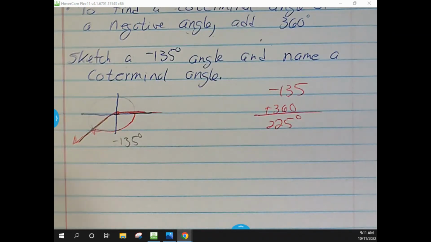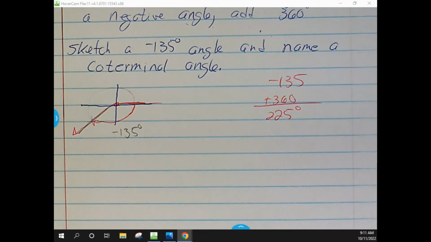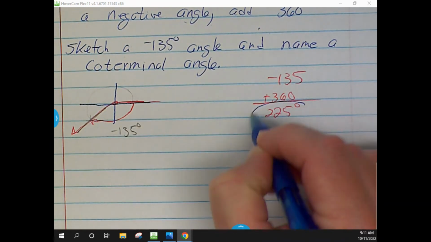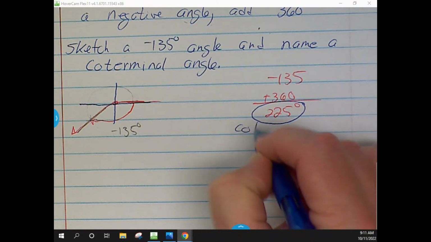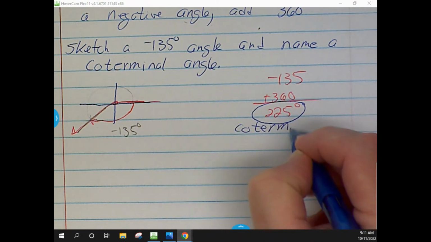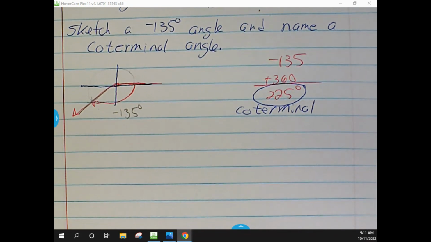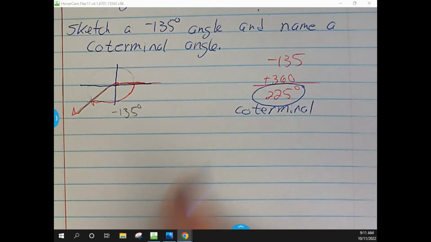All right. So besides having you sketch a bunch of these, there's the sketch of the negative 135, and then there's our coterminal angle. After this, they're probably going to ask you for a lot of these, just to name a coterminal angle.